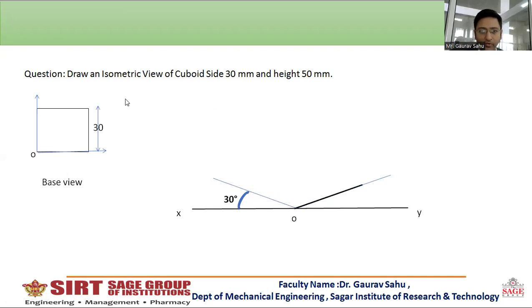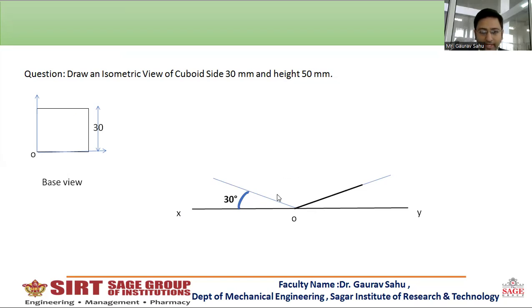Now, on these lines you will see that the square portions are overlapping. The value of this portion is 30 mm, so you have to draw a line of 30 mm on this line. You are mapping the whole square in the form of an isometric view.